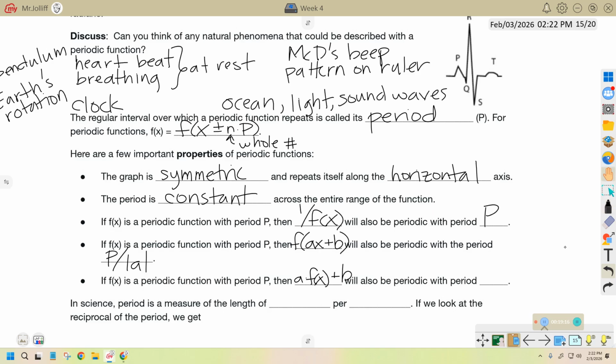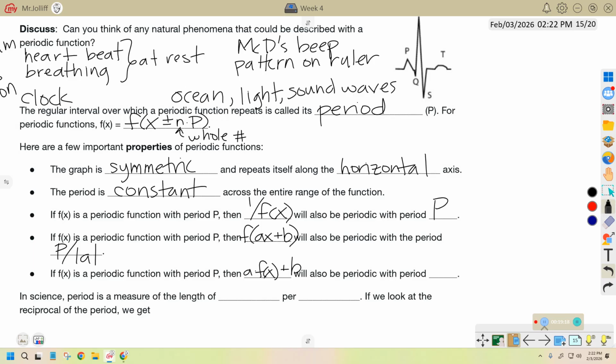So we're going to do a little thought experiment. There's one cycle of a sine function, one complete cycle. A times f of x would take that peak and that valley and pull out, making them taller at every point.